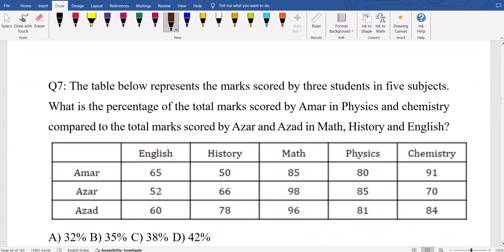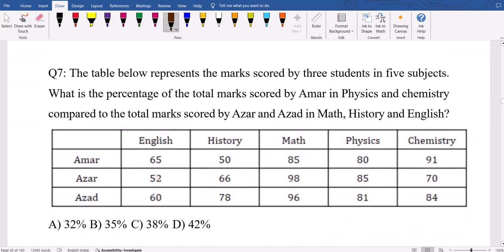Now see this question related to a table. Bit next level question. 10 questions related to data interpretation.